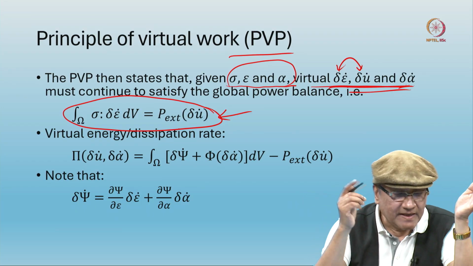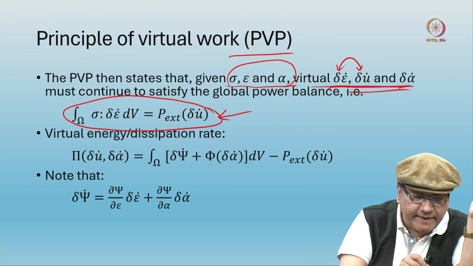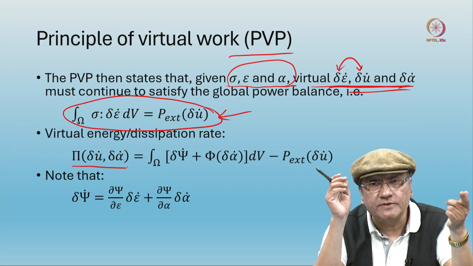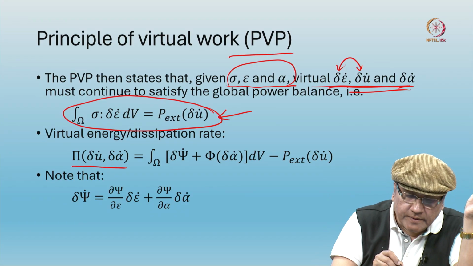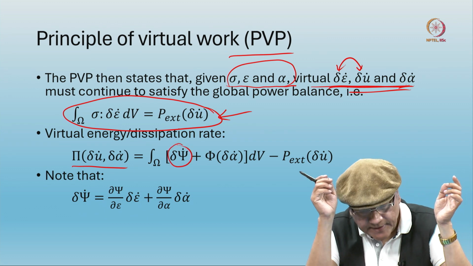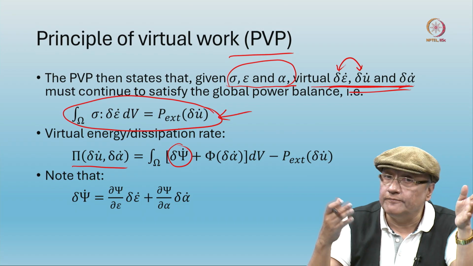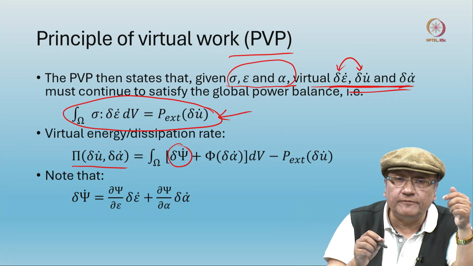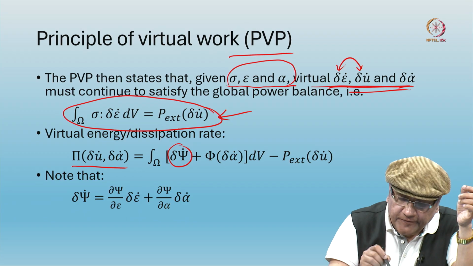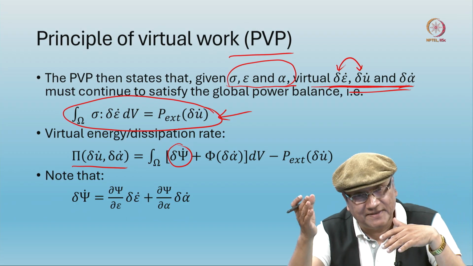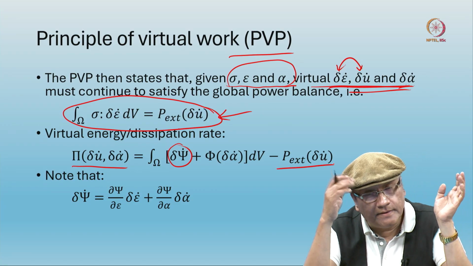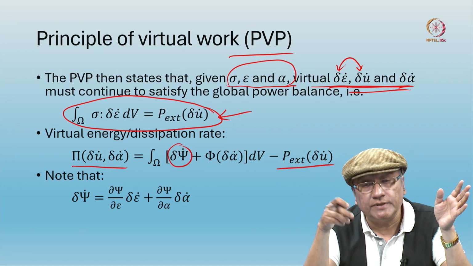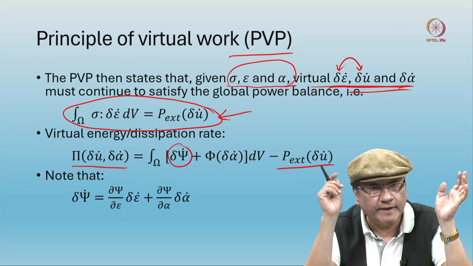You understand? Okay, so pi as a function written in terms of these virtual velocities will be simply the integral over omega, virtual variation of psi dot and virtual variation of phi, but virtual variation of phi is nothing but phi of the virtual variation, right. So, minus the external power computed in terms of these virtual velocities, okay.